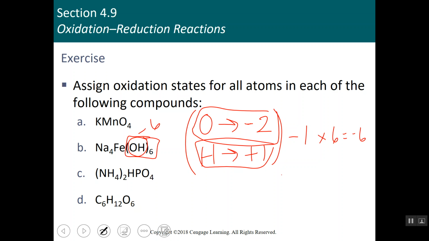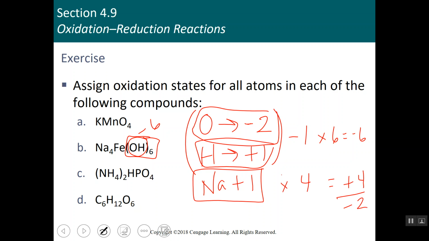is -6. Okay. We know that sodium is +1 because it's in that first column, and its oxidation state is going to be the same as its charge. There are 4 of those, so that's a +4. Now, if we total that, that gives us a -2.